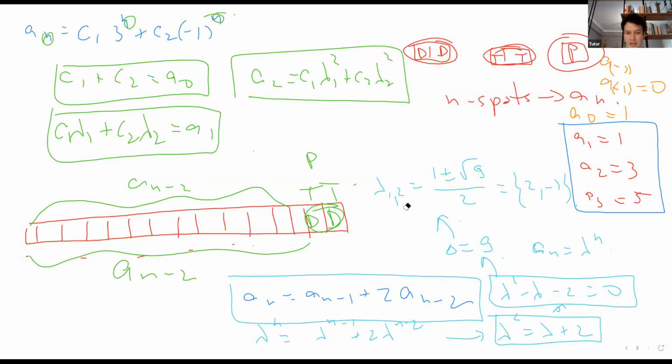So you can rewrite the sequence in a slightly different way. If I make this to be a_n, this would be a_{n+1}, and this would be a_{n+2}. So you can take this sequence and rewrite it like this: a_{n+2} is going to be equal to a_{n+1} plus 2a_n, right?